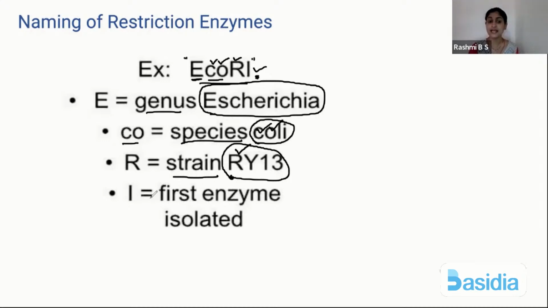In Escherichia coli RY13 bacteria, there are many restriction enzymes, and EcoR1 was the first isolated enzyme, hence it is given the number 1. So this is how we name the restriction enzyme. 1 refers to the number of the enzyme isolated from that particular organism.